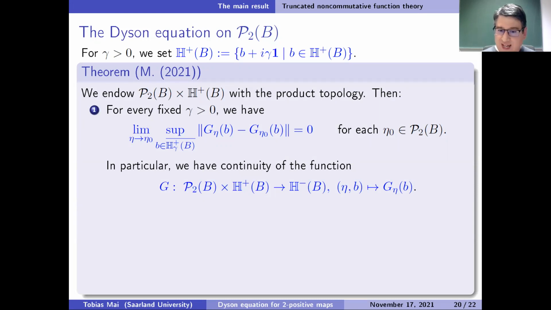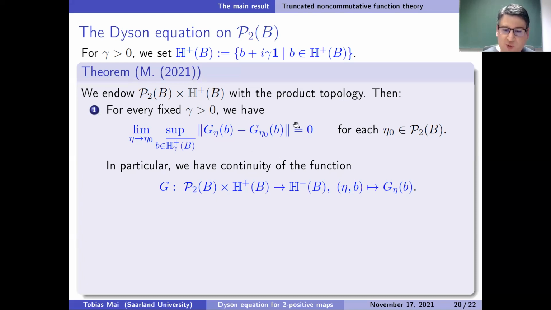And then we can go a little bit further and study properties of these solutions of the Dyson equation, the properties that we need in order to follow the proof strategy which I outlined at the beginning, namely some joint continuity properties. What I'm saying here is that I'm looking at these g etas as a function of two arguments, namely the eta argument and the point in the upper half plane.